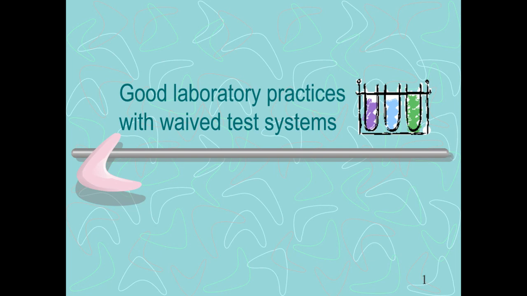So good lab practices with waived systems are very important. That means following the directions, making sure you're doing the controls like you're supposed to, and following good protocol. Whatever the testing material tells you to do, you do that appropriately so that you're getting accurate information.